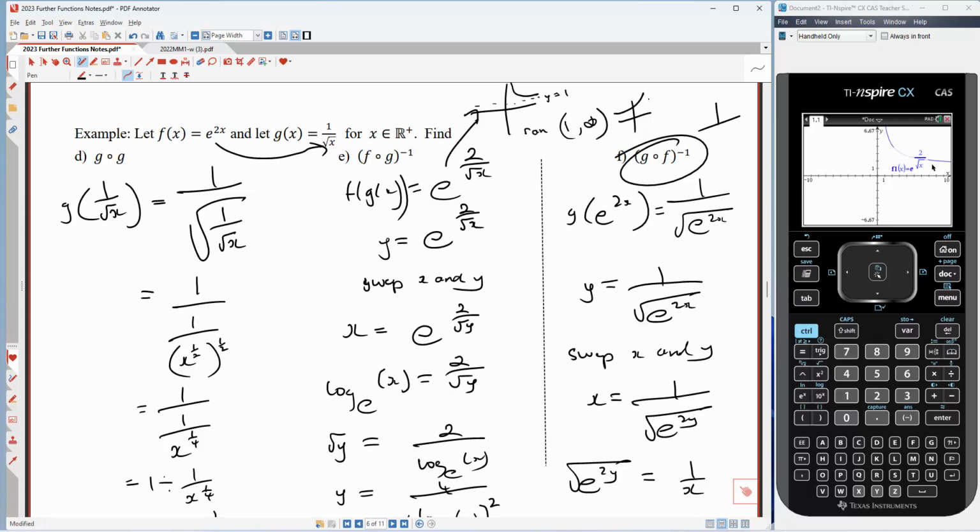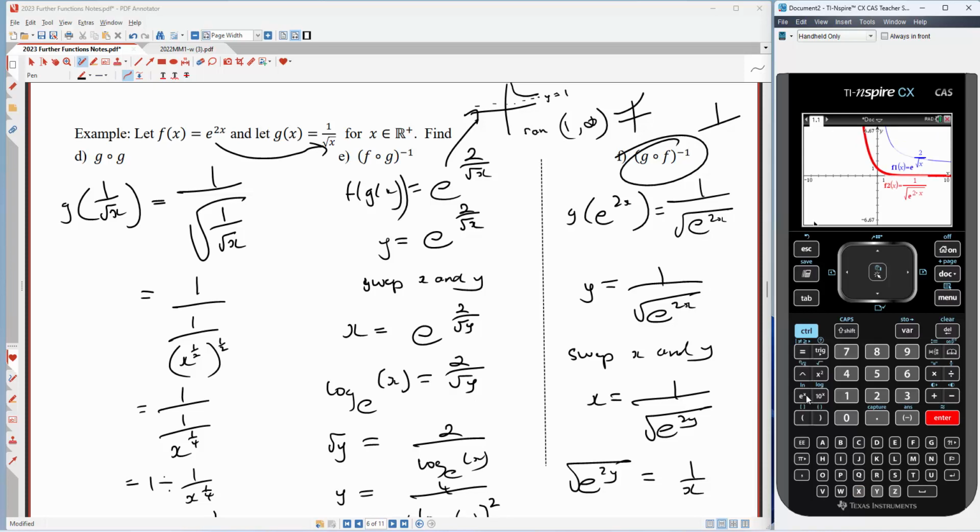And then if we go 1 over, probably got to graph this one as well. 1 over control root e to the, what was it, 2x. Alright, what the hell does this look like?